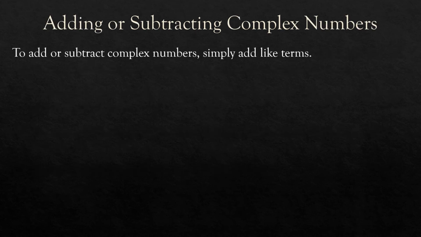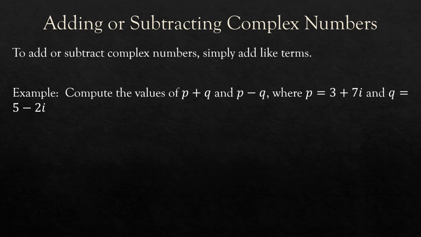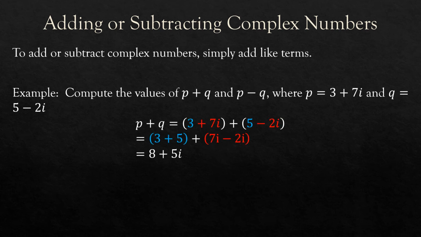To add or subtract complex numbers, we simply are going to add like terms. For example, let's compute the values of p plus q and p minus q, where p is equal to 3 plus 7i and q is equal to 5 minus 2i. So for p plus q, we have 3 plus 7i plus the quantity 5 minus 2i.